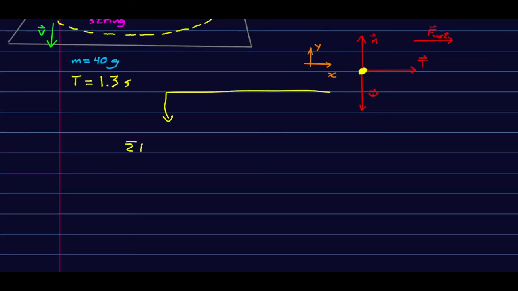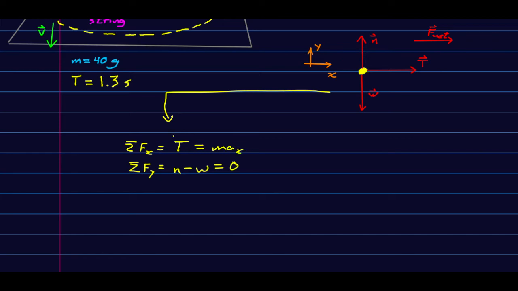So our sum of x components of forces and our sum of y components of forces, and this is going to be nice and simple, because in the y direction all we've got is the normal and the weight, and we know Fnet has no y component, it's horizontal, and so there we go. And in the x direction all we have is the tension, and so that'll equal max.